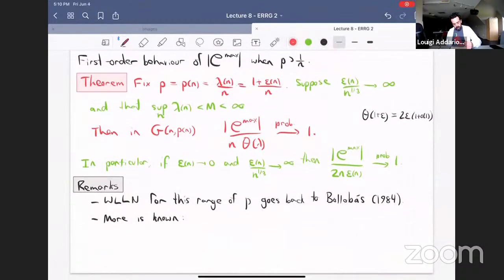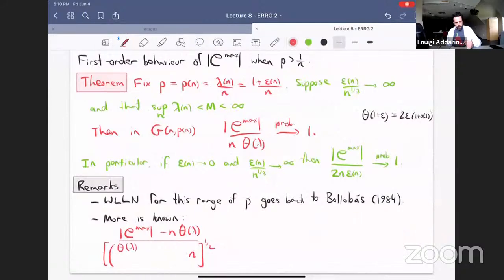What do you do when you want a central limit theorem? You need to subtract off the mean and then divide by an appropriate scaling. The appropriate scaling is of order n to the half, as you guess. So it's something times n to the half, and the something is quite explicit.